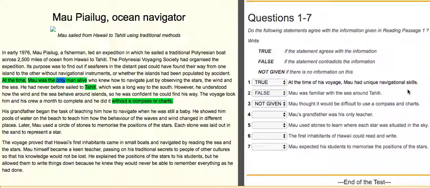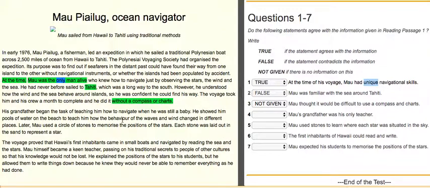Let's do one more example, and then I'll leave the rest for you. You can easily find this reading by searching the word Mao and the title on Google, and that would lead you to the page of mini-ielts.com. So: Mao's grandfather was his only teacher. Be careful with any part that mentions only, unique, or most. It can be easy to claim true or false, or not given, but it's very difficult.